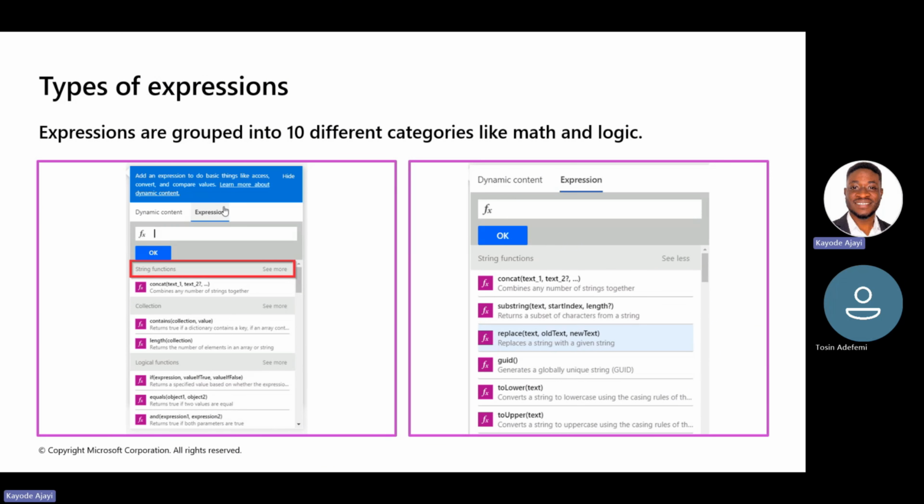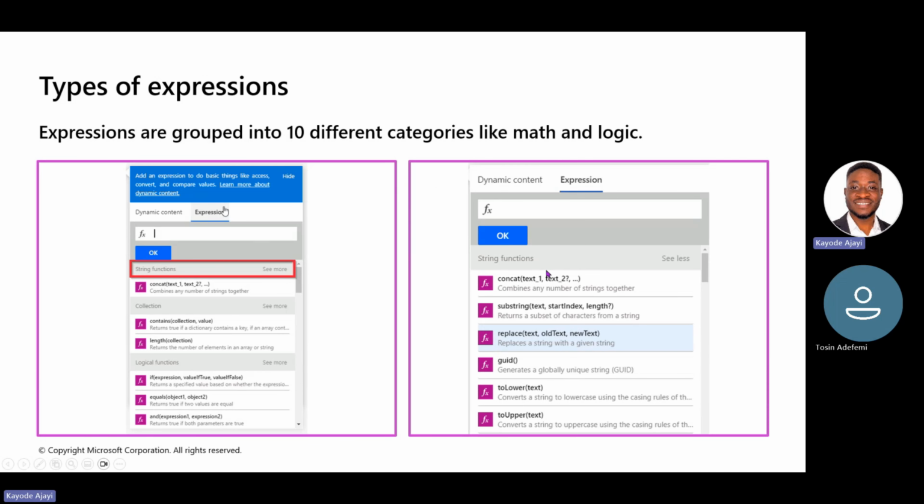Now, another way that the platform helps when it comes to expressions is it groups the expressions into different categories. So you kind of get a feel of, say you're trying to do something, you just think, okay, what category does it fall into? So for example, I'm trying to join numbers together. I'll be thinking of string functions, right?